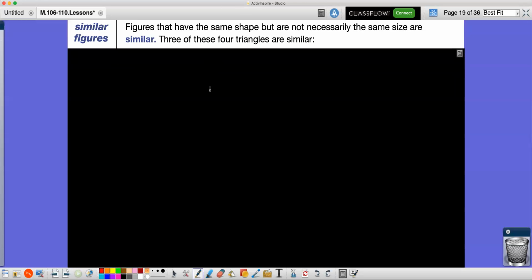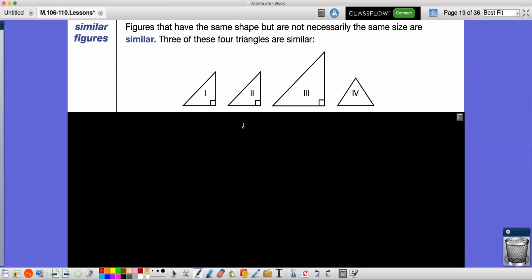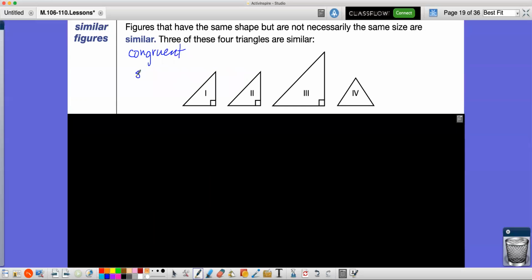So if you have similar figures, that's figures that have the same shape but are not necessarily the same size. 3 of these 4 triangles are similar. And we've already seen this before, but you know that if figures are congruent, they have to be the same size and shape. So if it's congruent, we're talking about the same size and shape.